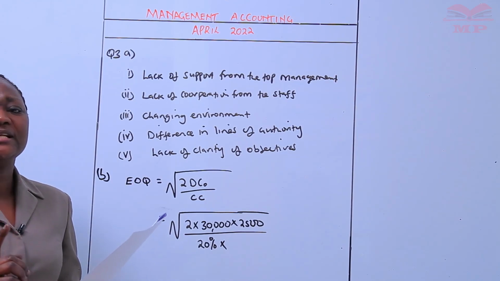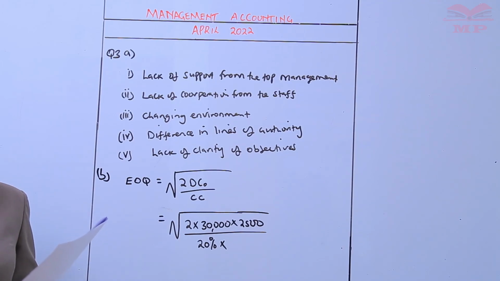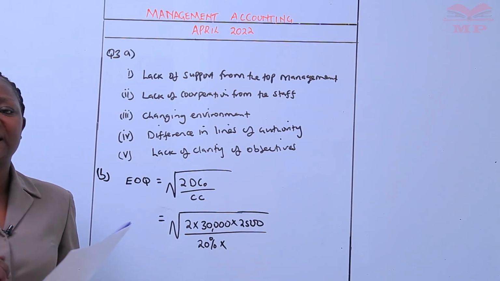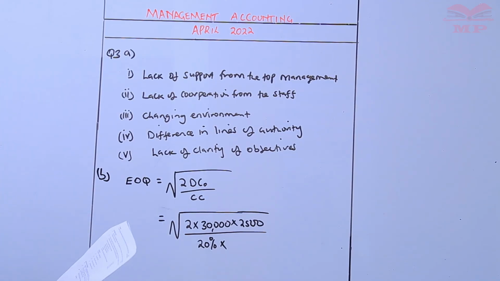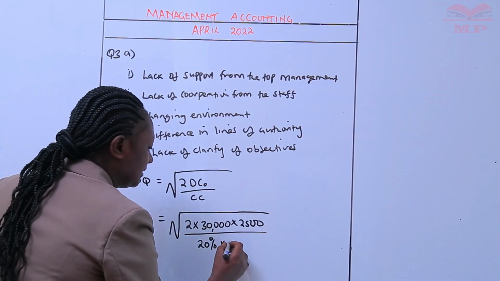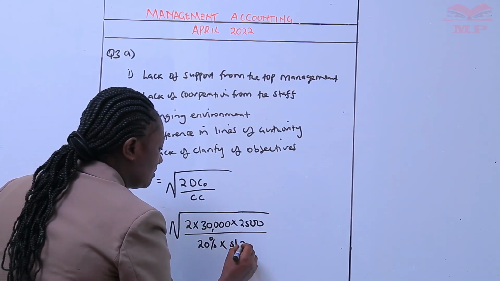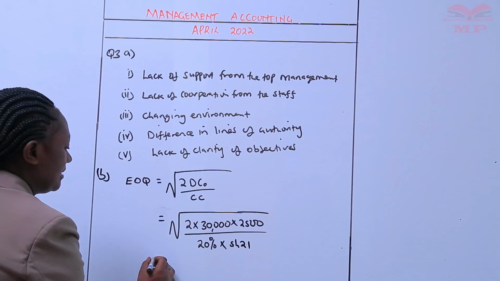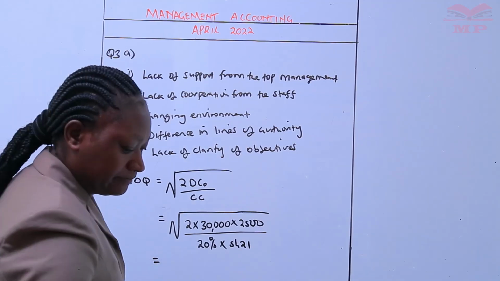So where no discount is given, it means that the goods will be purchased at the original price, and therefore the purchase price is from that range where the firm is buying between 1 to 3,000 units, and that is 21 shillings. Then simply solve it.